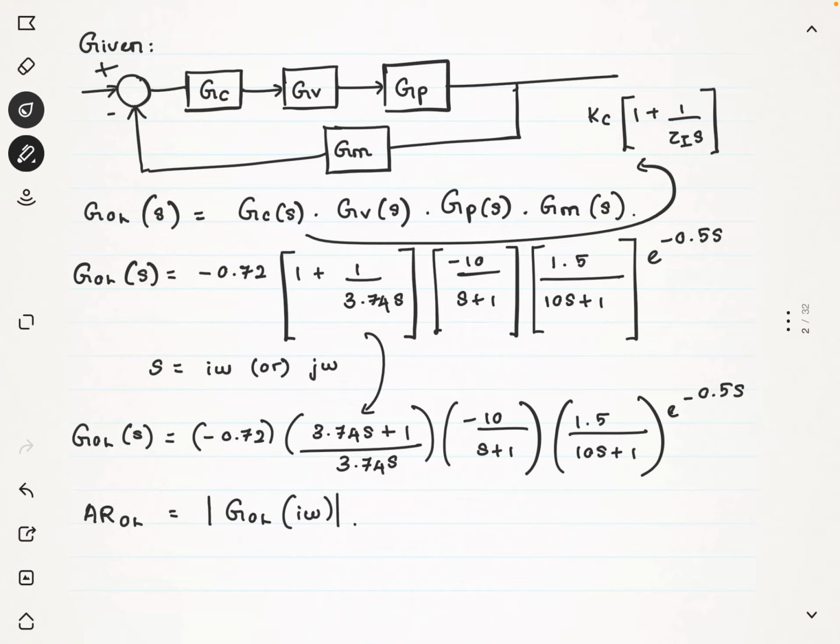So let's solve this. So the RHS, the amplitude ratio of the open loop transfer function. Wherever there is an s in the original transfer function, I substitute it with i omega.